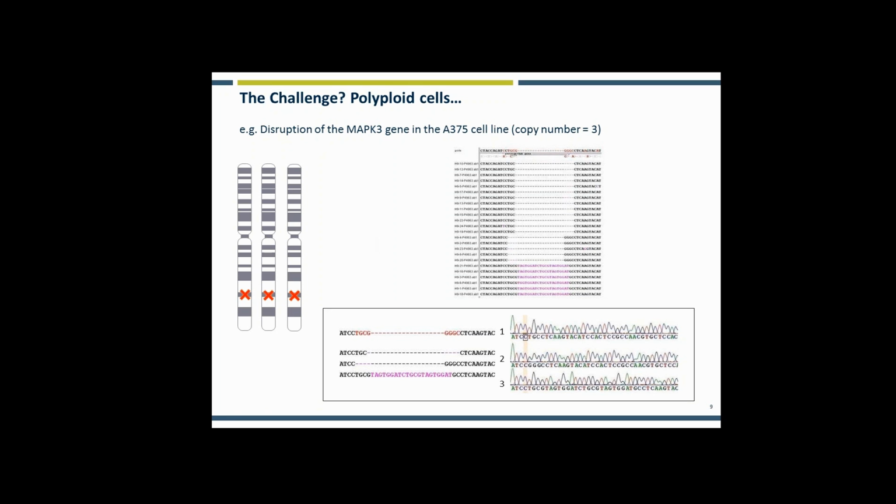And this is a cell line that contains 3 copies of this gene. And if we target the MAPK3 gene, in this particular clone, we have 3 different types of modification, all of which ultimately turned out to be frame shift mutations, but we wouldn't have known this had we not subcloned the target site.